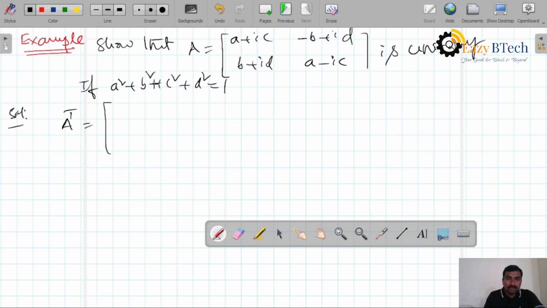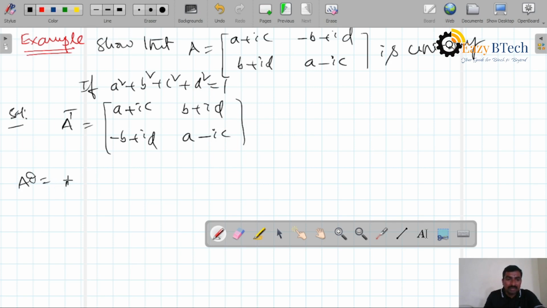A transpose equals, already you know, interchange the rows into columns. The first row is a plus ic and minus b plus id. And the second row is b plus id and a minus ic. So this is A transpose. Now I want A power theta.